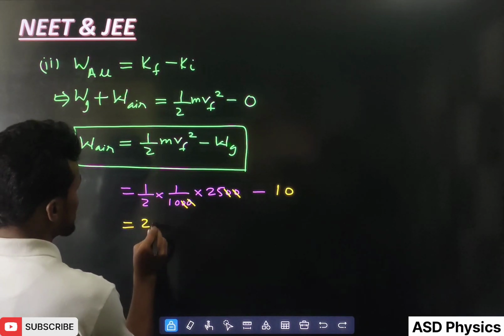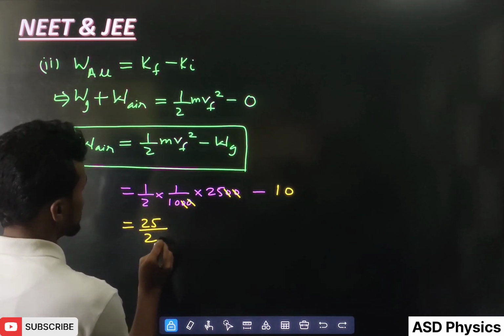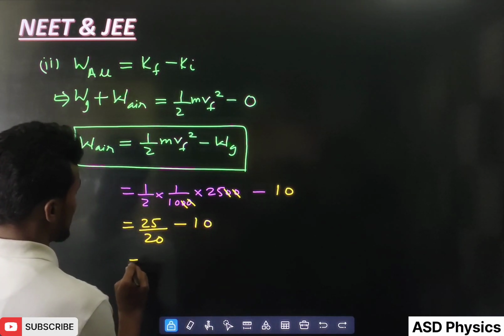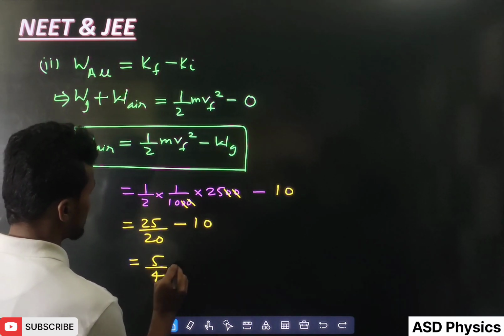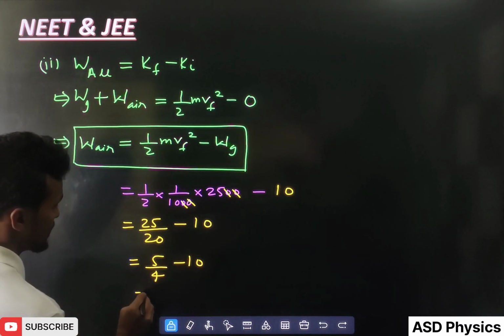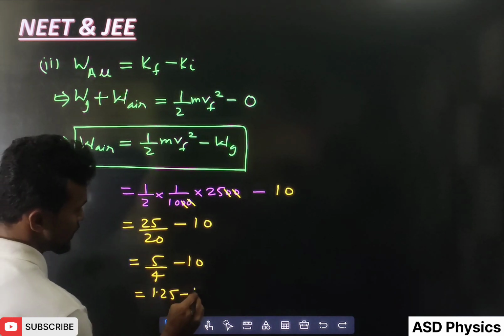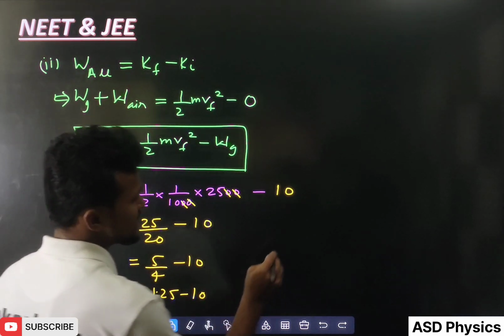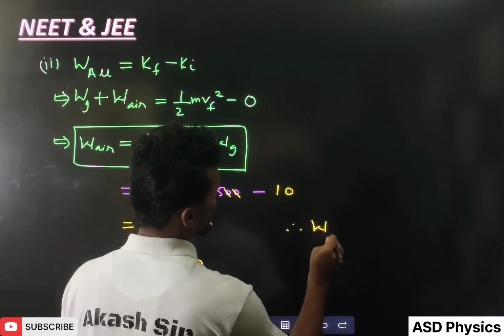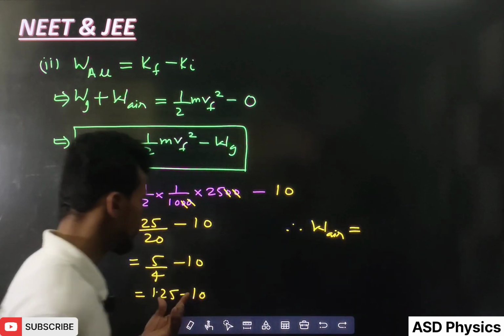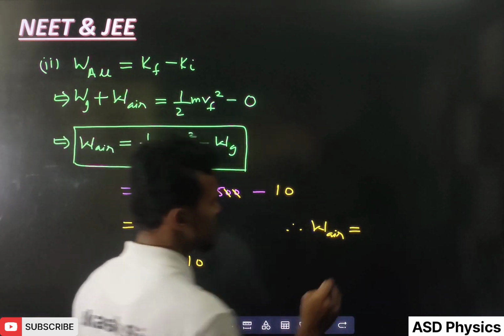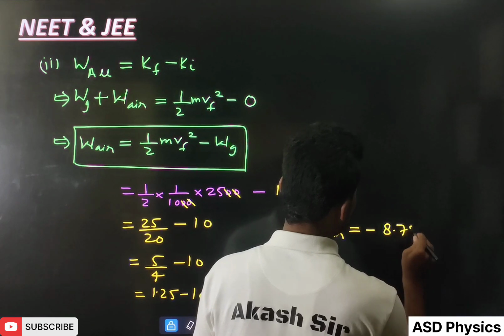So we can write 25 by 2 into 10, that is 25 by 20, which is 5 by 4, minus 10. 5 by 4 is 1.25, minus 10. That means the work done by air resistance is minus 10 plus 1.25, and it is coming to minus 8.75 joule.